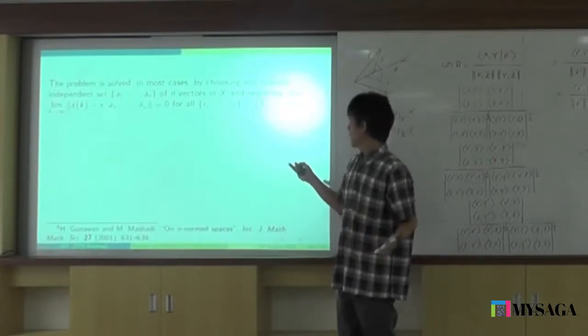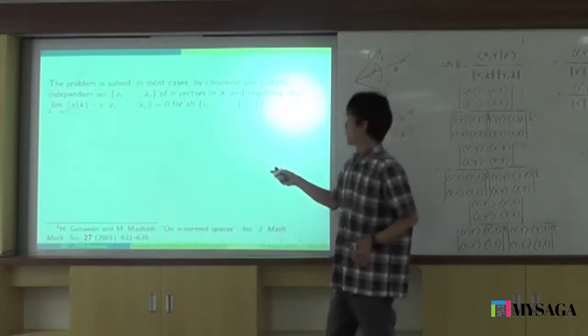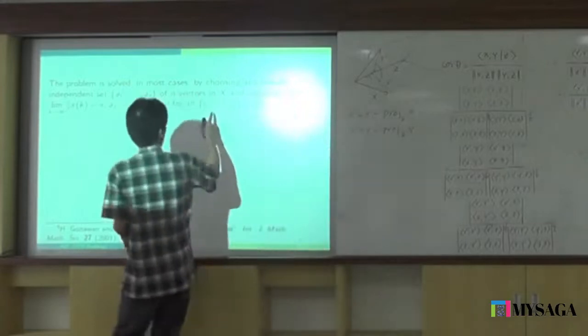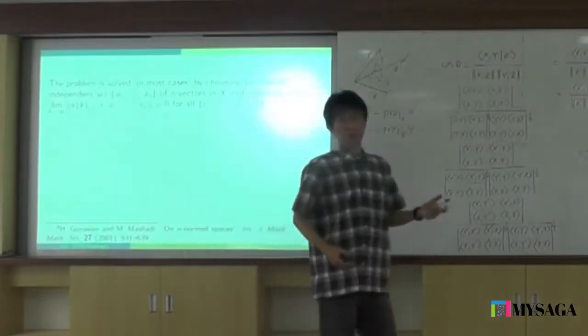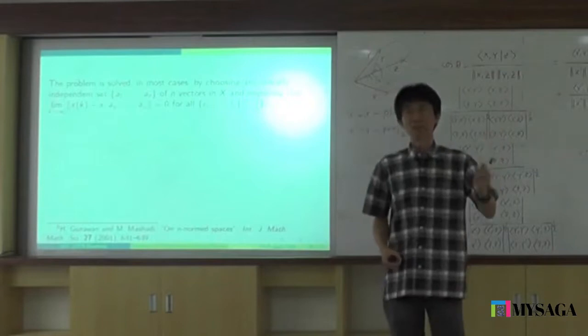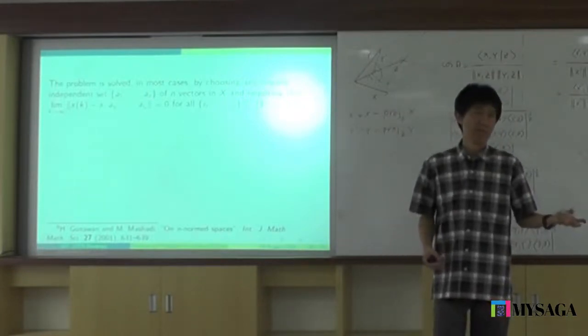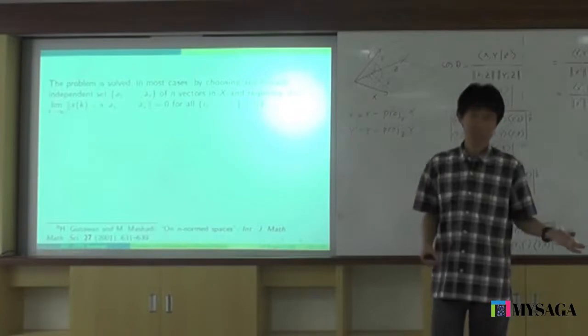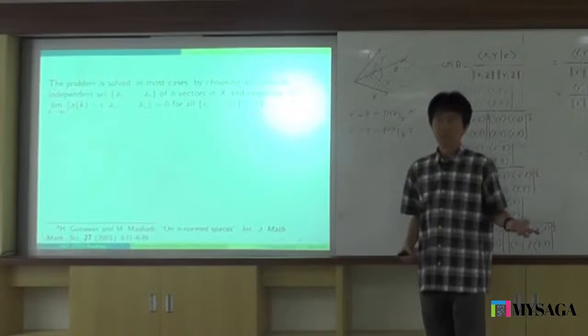How many are there? Well, there are n vectors here, so there are n numbers there, and here there are n minus 1 numbers. So it's n choose n minus 1, and you know that's only n combinations. Okay, so only n combinations.